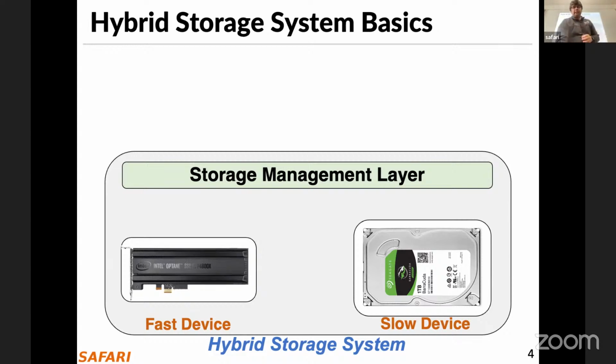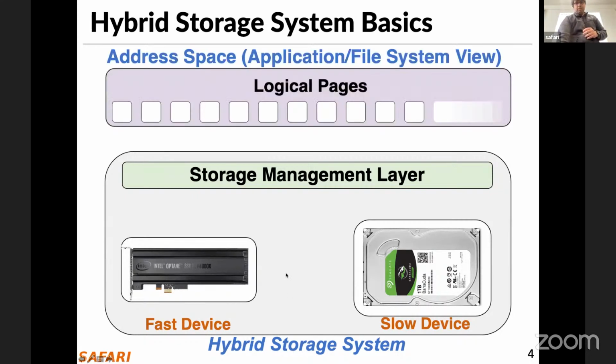There is also a storage management layer implemented in the operating system that exposes a unified logical address space, which combines the capacities of these two devices, and it allows the application to place the data in these devices.